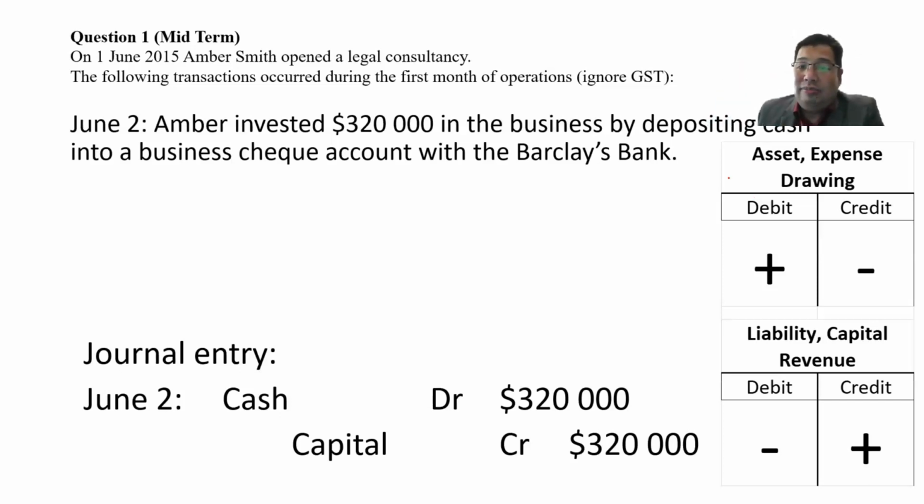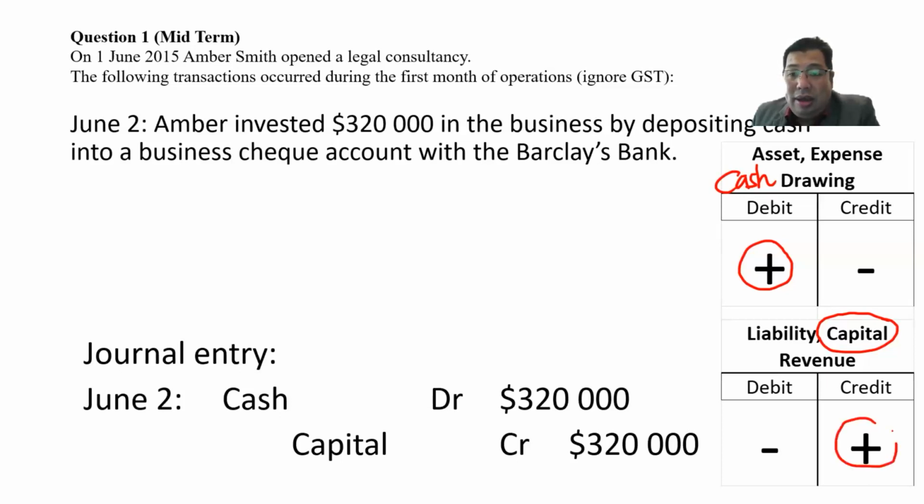So the cash balance, cash in bank, or just cash, will increase. So that is why I debited 320,000. And the capital of Amber also increased because that is the record of the amount contributed by the owner. So Amber contributed 320,000 in this case.